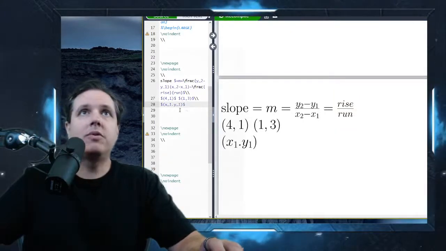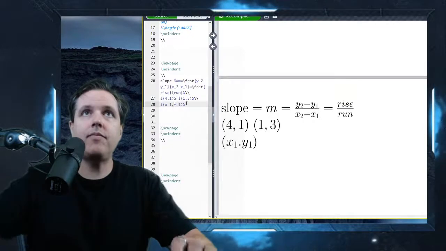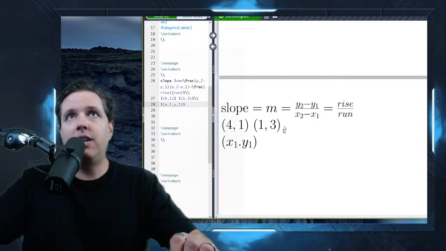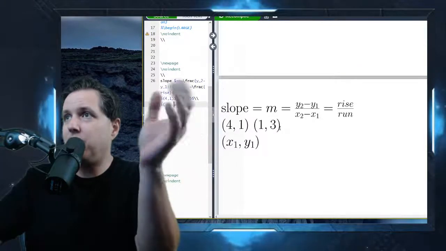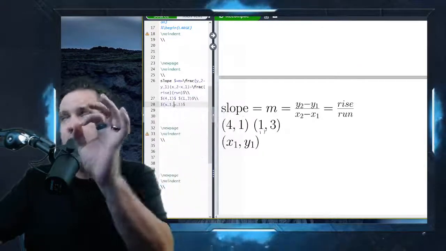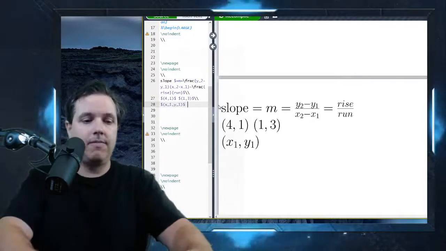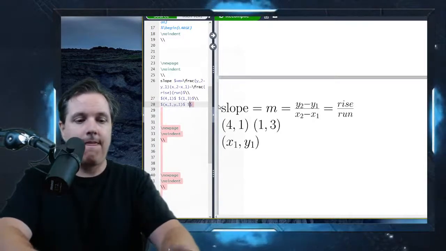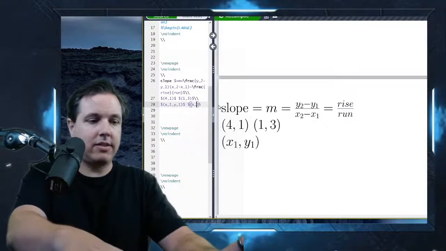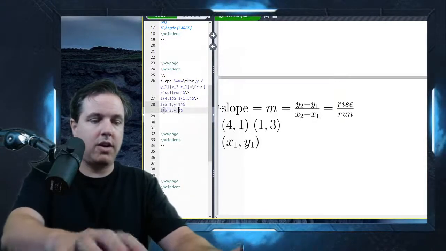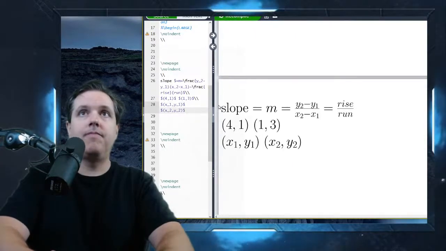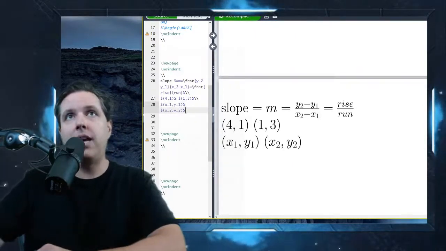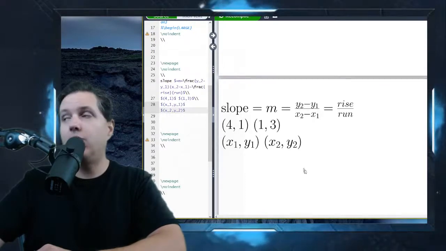And the ones from the second point, so if I say this is X2, that means the X value from point 2. So this would be X2, Y2. Okay, so 4 is my X1, 1 is my Y1, 1 is my X2, and 3 is my Y2.